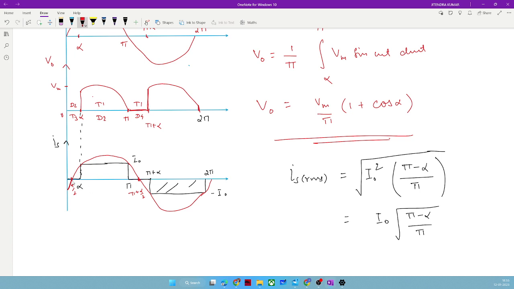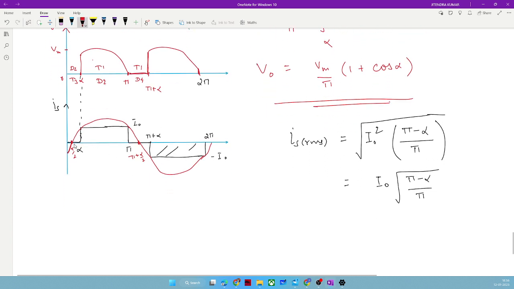It will be shifted by alpha by 2. Due to this freewheeling operation, your waveform is a bit shifted, which will have some impact on the values or parameters of the circuit. Can you guess which parameters will be affected, which we are going to see?